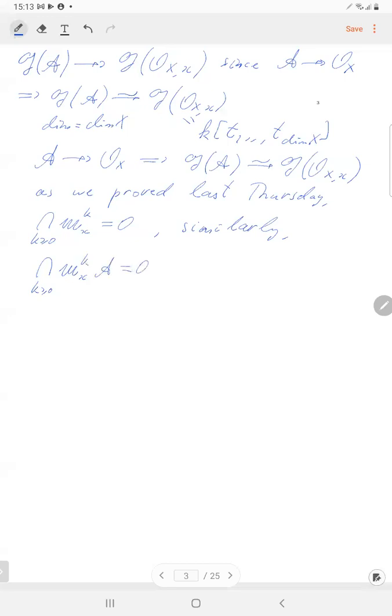Just the same argument proves this, but then it implies that at the level of non-graded rings, we also have an isomorphism.